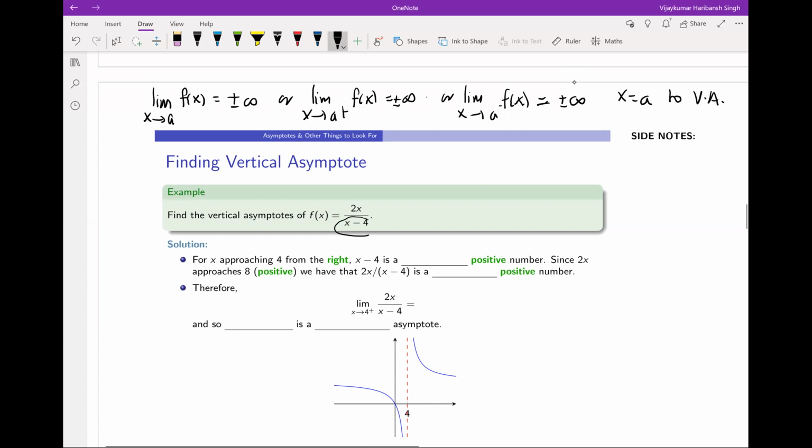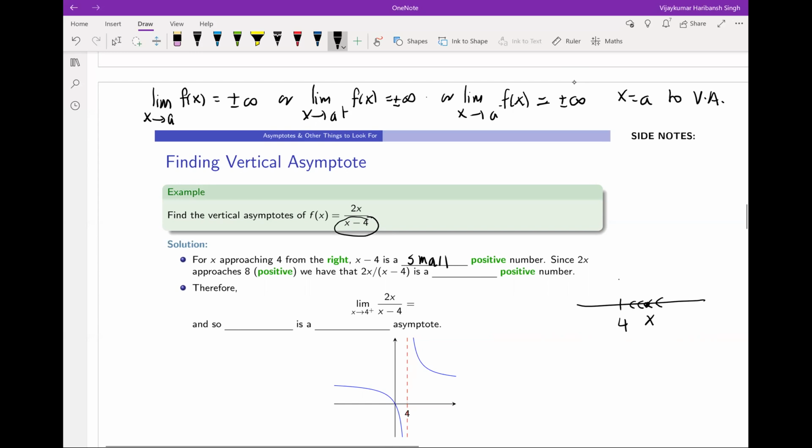Okay. So now note the following here. If you look at 4, it's not defined, right? Now if you approach 4 from the right, what is happening to your function? If you approach 4 from the right, x minus 4 is going to be positive, right? Because x is here. So x minus 4 is going to be a small positive number.